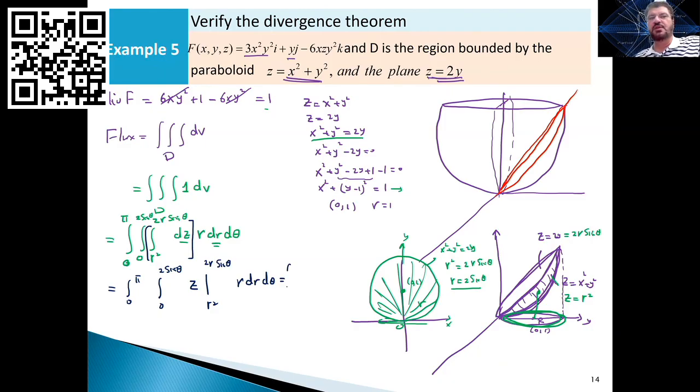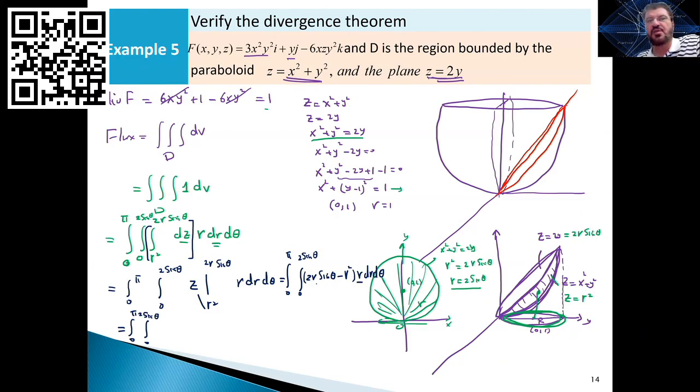This is equal to integration from 0 to pi, integration from 0 to 2 sine theta. Now put this one here, you'll get 2r sine theta, and then minus r squared, and then all of this r dr d theta.